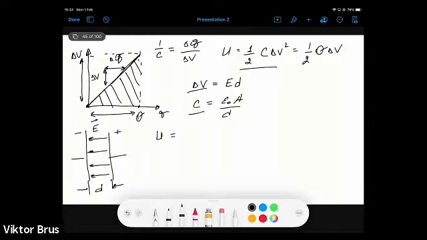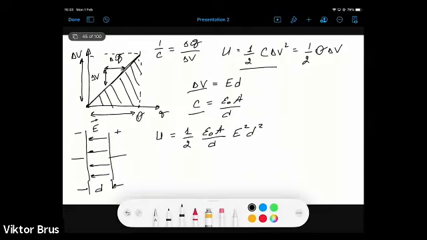The potential energy is equal to 1/2 times C, and C is epsilon 0 A over D, times delta V squared. And this is E squared times D squared.